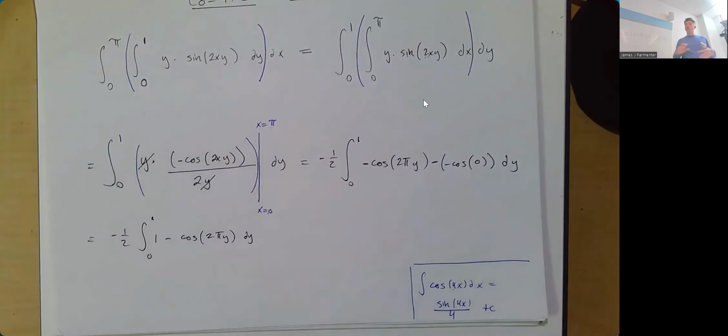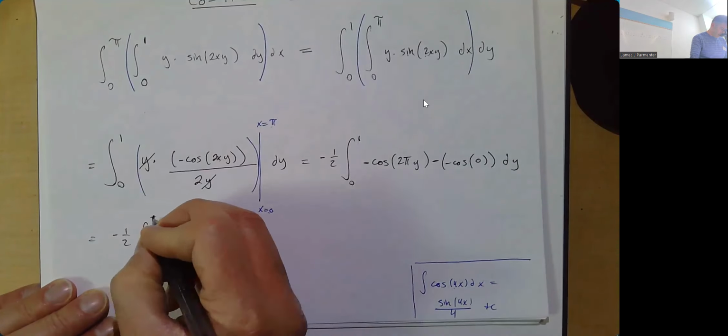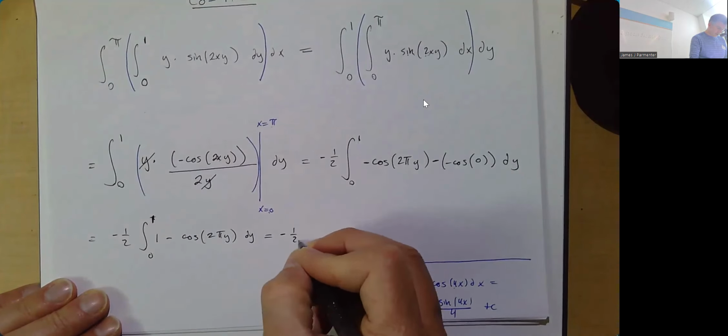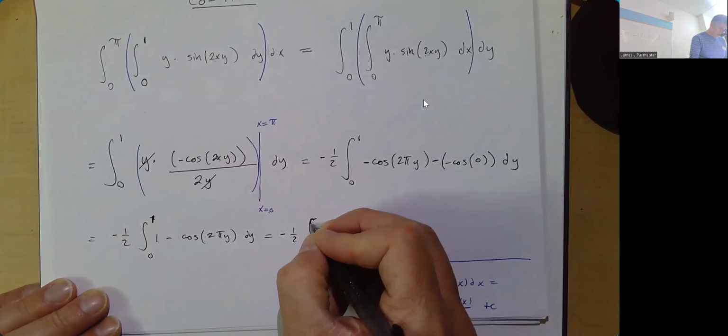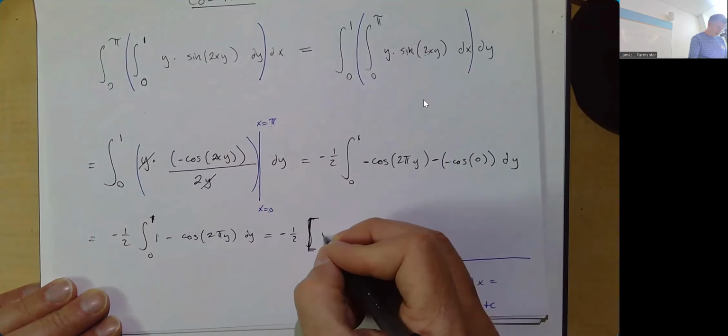So switching the order of integration here saved us having to do integration by parts, which, if I can avoid it, I always would. Let's finish this off. That's a 1, not a pi, sorry. Anti-differentiating again. Anti-differentiating means we are taking the antiderivative, James. The antiderivative of 1 is y.